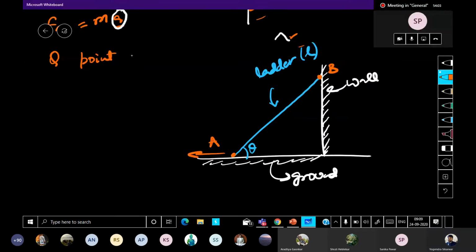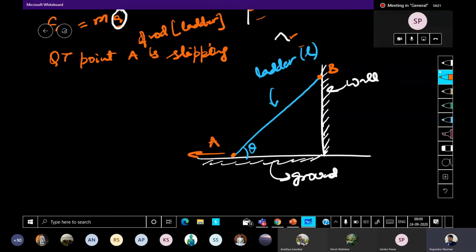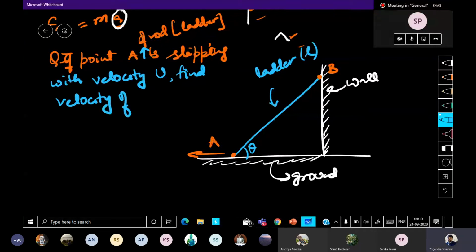If point A of the rod, rod means ladder, is slipping with velocity u, find the velocity of end B, or you can say point B, at that moment.